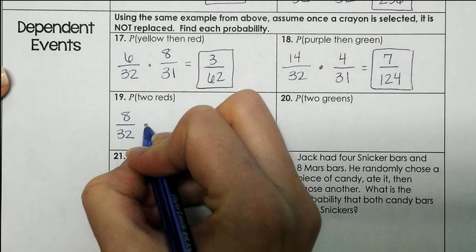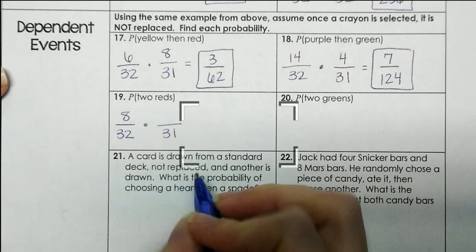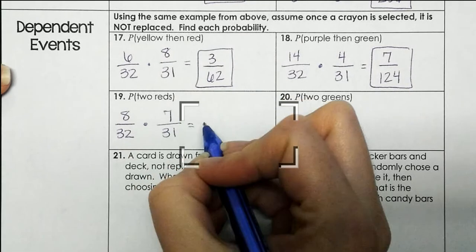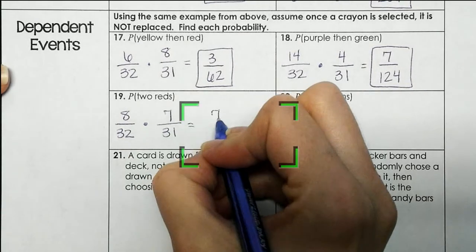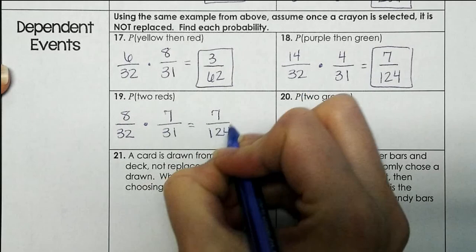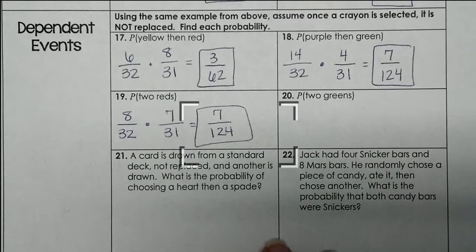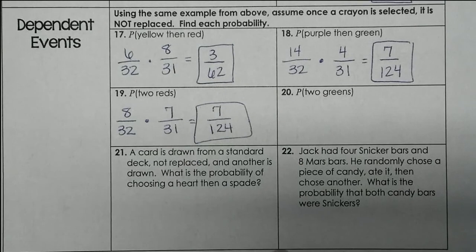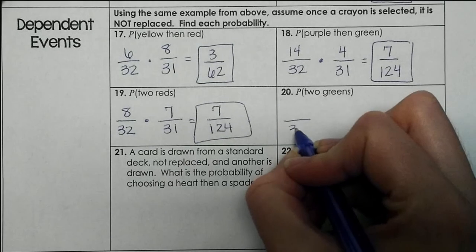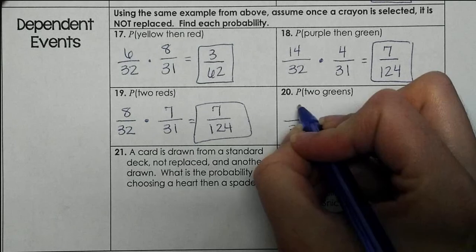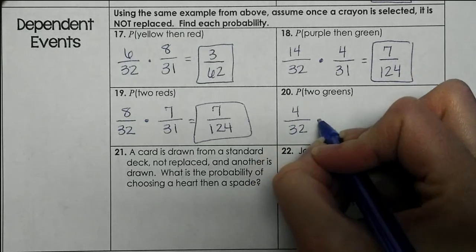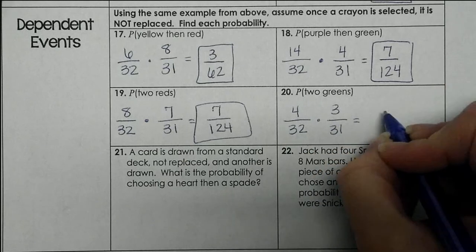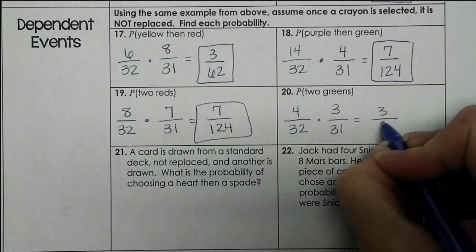But now there's only 31 in the bag, and there's 1 less red as well. There's 7 red now. So if I multiply those, reduce, I get 7 over 124. Same probability as 18. Okay, same type of process on 20. Initially 32 in the bag, there's 4 green, but now there's only 31 in the bag and only 3 green. So if I multiply those, I end up with 3 over 248.